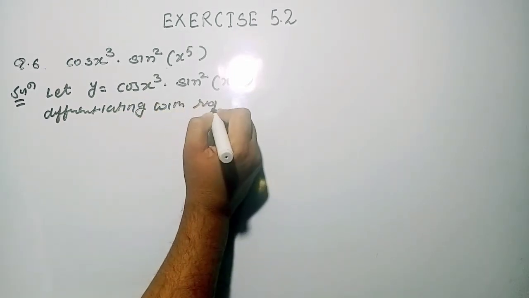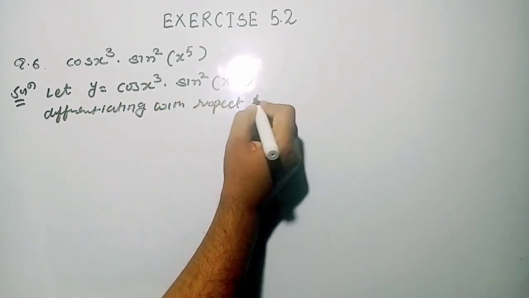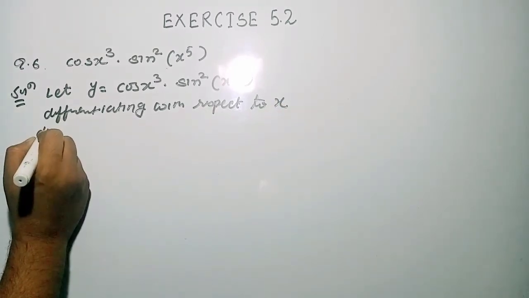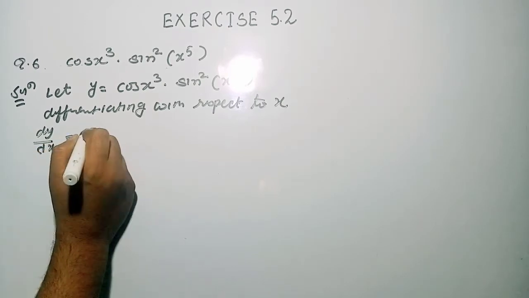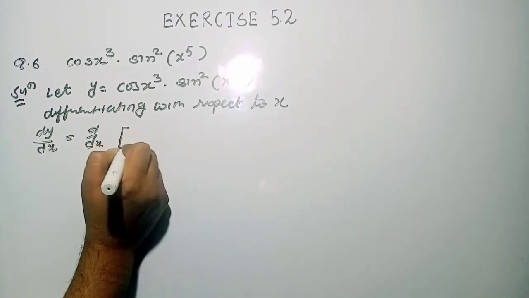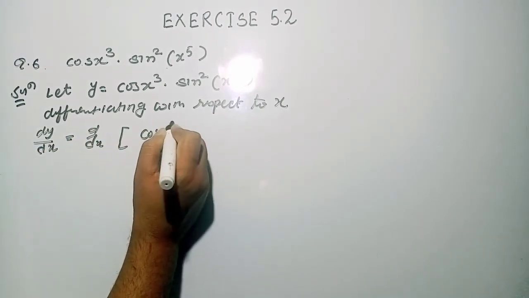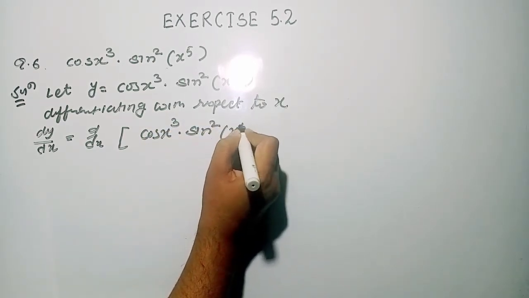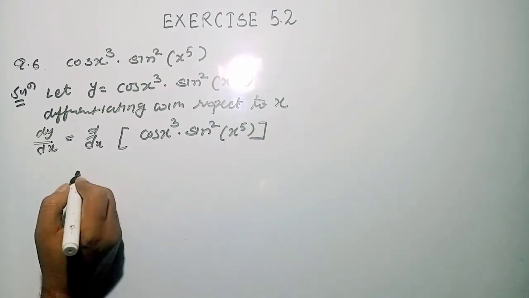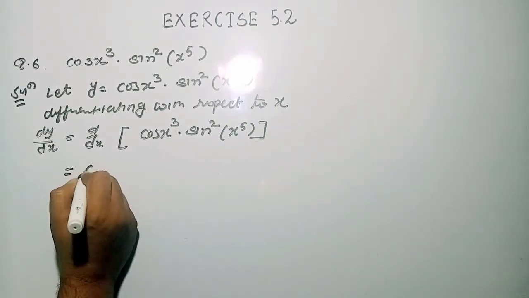Okay students, so what we are getting? dy by dx is equal to d by dx of cos x cube into sine square x to the power 5. Now here we will apply the u into v formula for derivation.